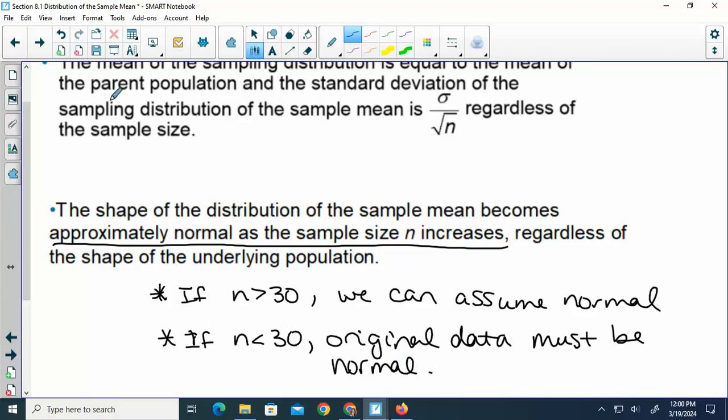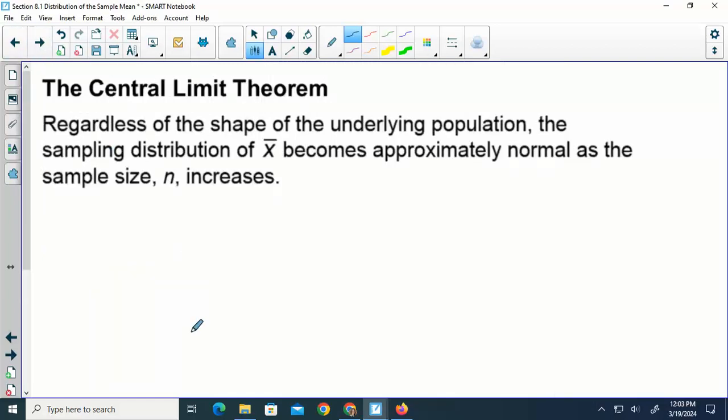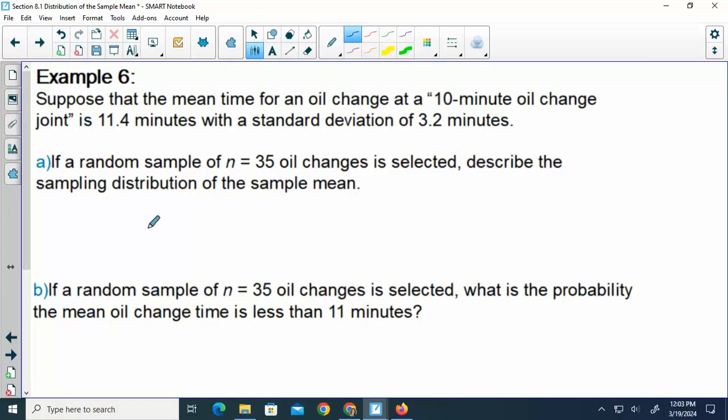So no matter what, the mean is equal to the mean of the original population. Standard deviation is sigma divided by square root of n. That doesn't change. But to decide if we can treat it like a normal distribution, either the original data had to be normal or our sample size has to be more than 30.